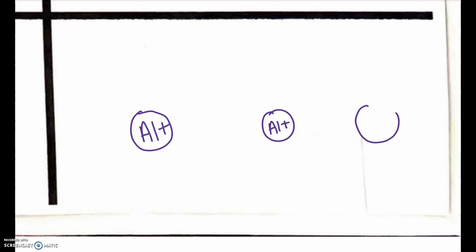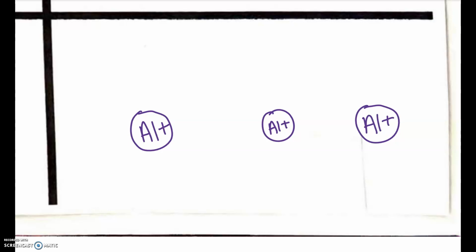Now, modeling this looks like this. If we had a piece of aluminum, which is Al, this circle represents the nucleus. It's positively charged. This is not an aluminum ion, it's the nucleus of an aluminum atom, and therefore it's positively charged because a nucleus has only protons and neutrons in it.